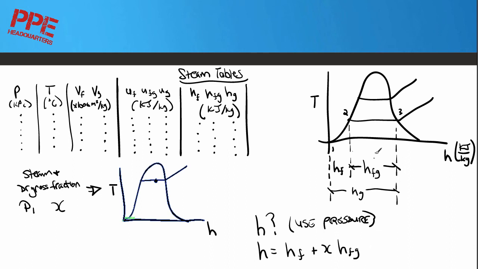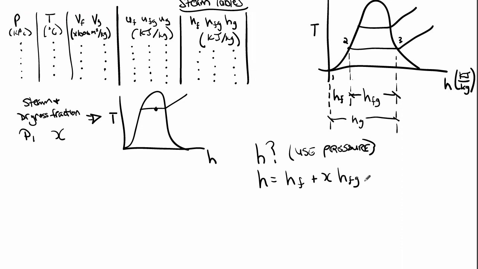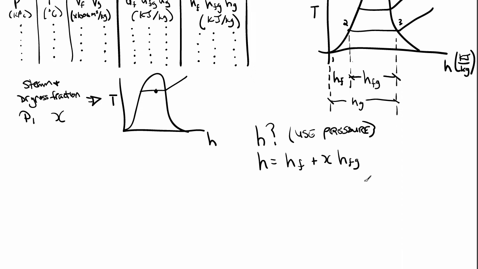That's how that equation works. So we know in this equation we're somewhere out here, and it's some percentage of it. So it'll be HF plus some percentage of HFG. Okay? And a final example for you to drive these points home.